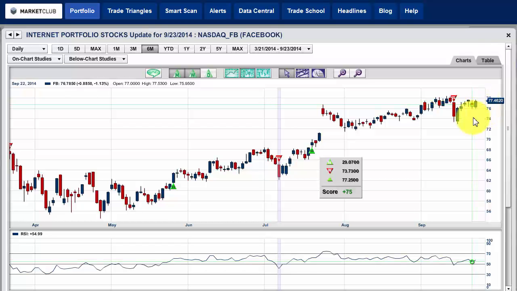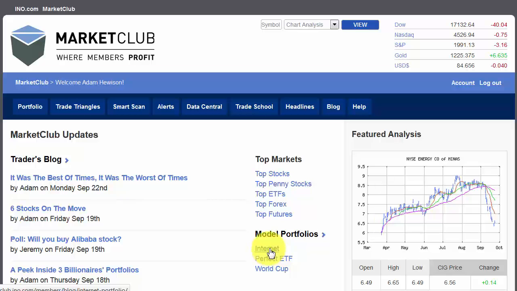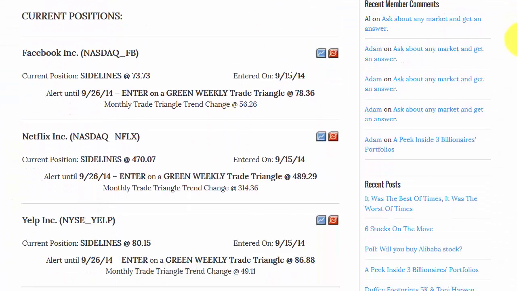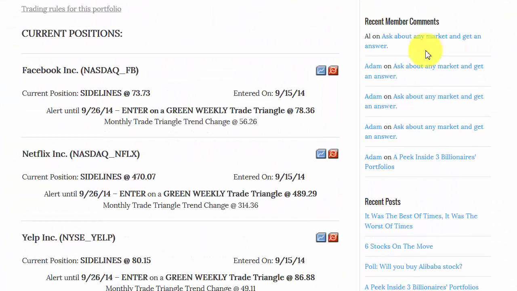Now we'll only get in if and when the price exceeds a certain point. And we tell you, if you go back to MarketClub and we go to our internet stock again and scroll down to Facebook, it says we're on the sidelines from 73.73, which is exactly what we say on the screen. And we entered that position on 9/15, almost 8 days ago.